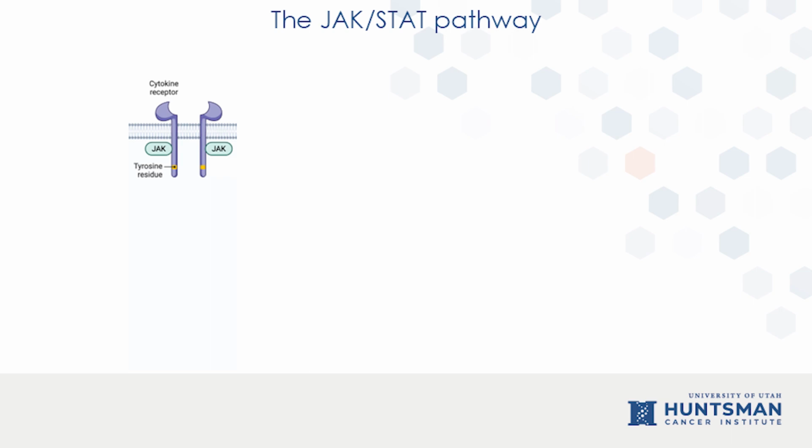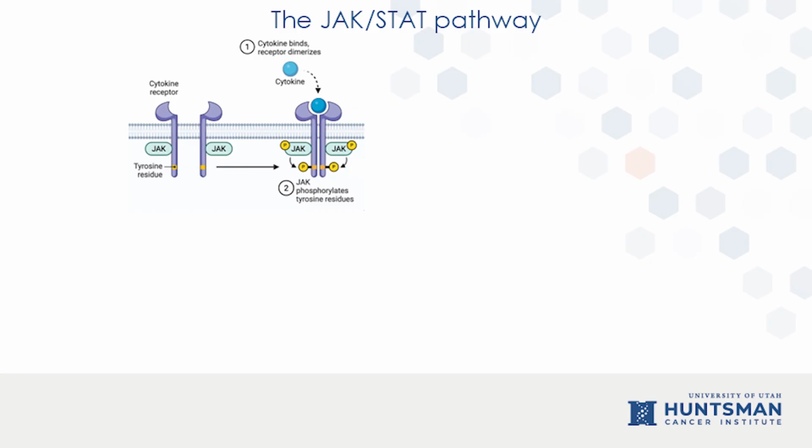So you have what are called, each of these purple things is a monomer, a receptor monomer. And in order to be activated, they need to join together and become what's called a dimer. And the way they join together is for a cytokine to bind. So the cytokine kind of acts like a glue to bring them together and activate the receptor.